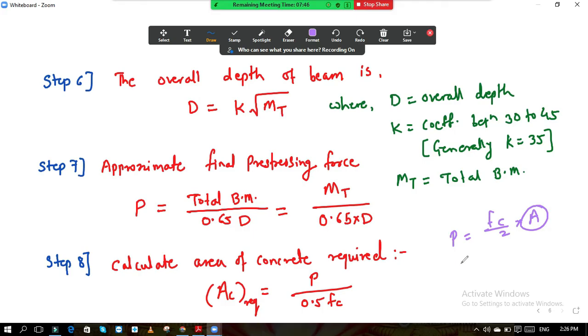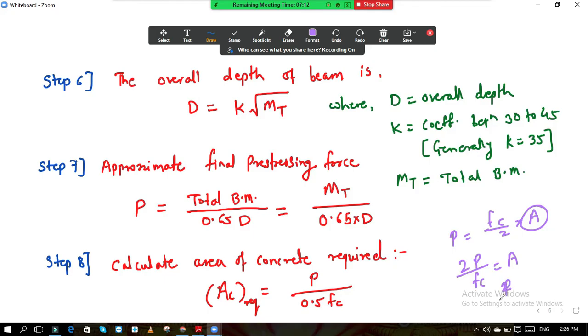So it will be 2P divided by fc is equal to A. So if I divide by 2 at numerator and divide by 2 at denominator, then it will be 1/2.